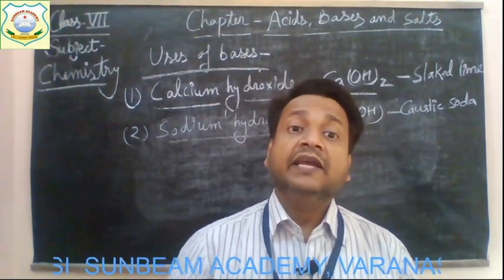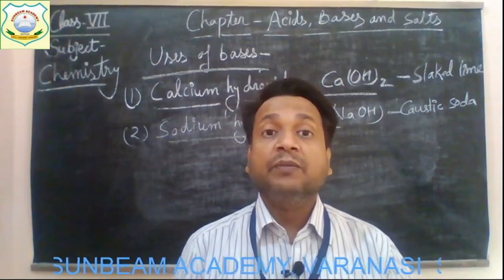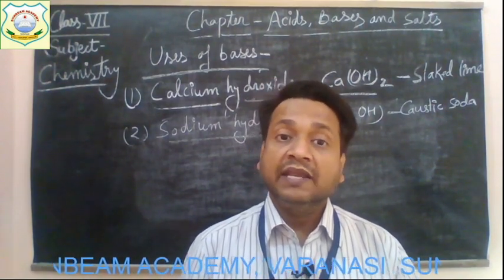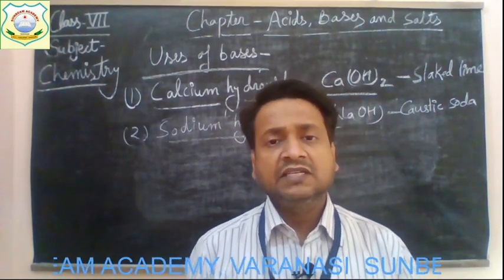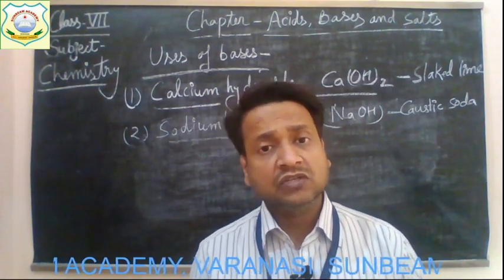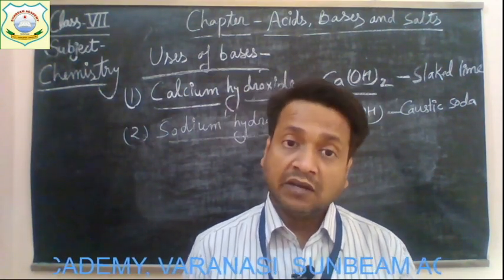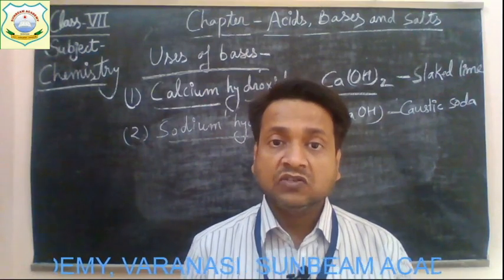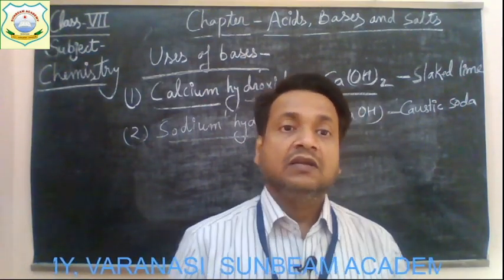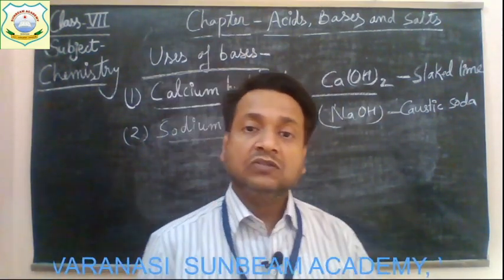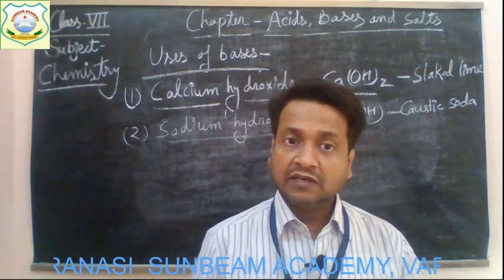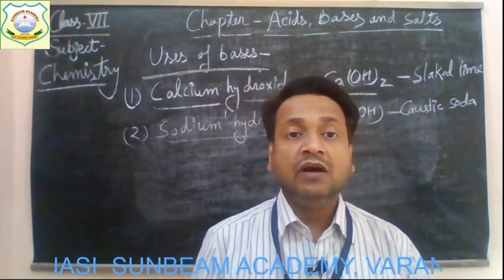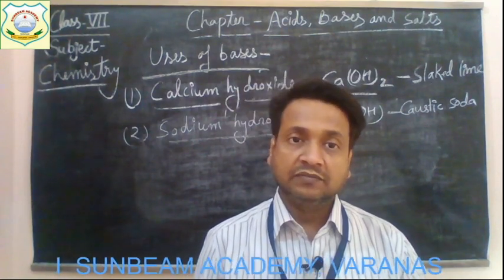Just like that, it is also used to manufacture paper, rayon, textiles, medicines, etc. In the paper, rayon, textile and medicine industries, sodium hydroxide is used. So these are all the uses of sodium hydroxide.